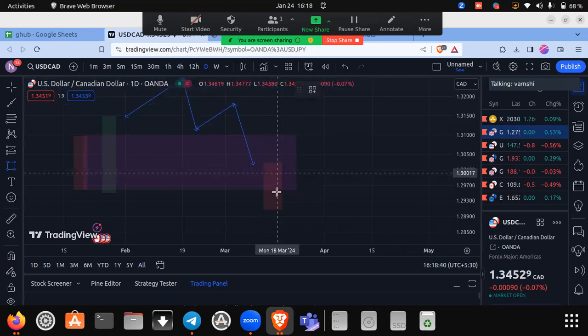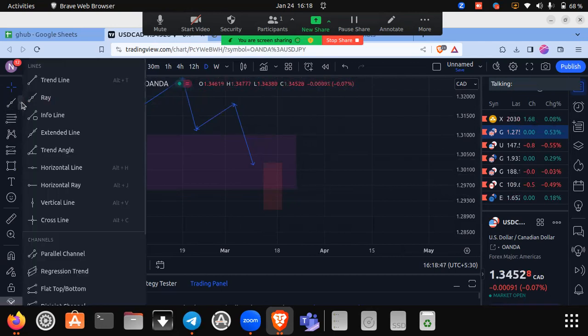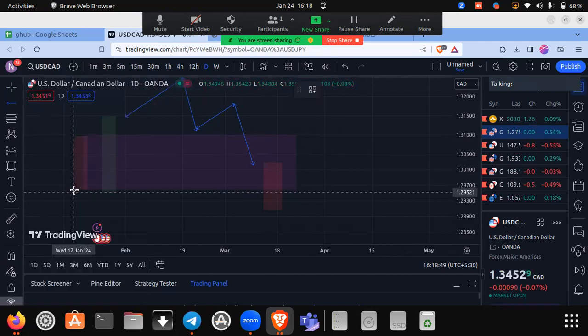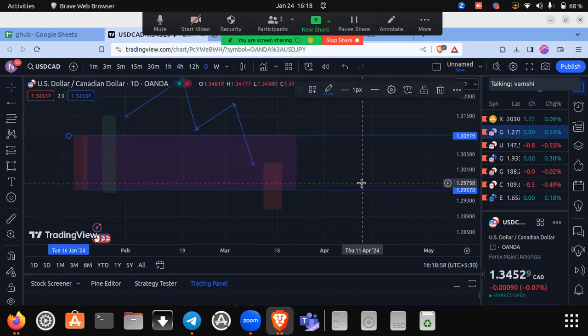The red candle must close below the zone. Let's say these two horizontal lines are the zone.